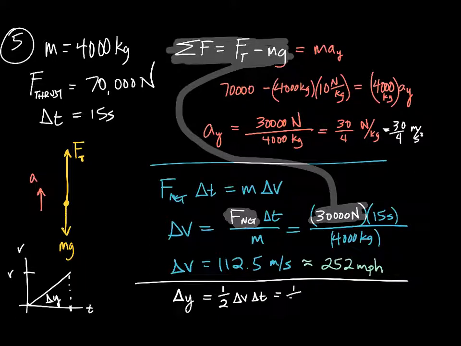Change in speed was 112.5 meters per second for 15 seconds. If you crunch all that out, you get 843.8 meters, roughly. So it's heading towards 9 football fields away. 100 meters is a little longer than a football field. All right. So that's a good distance in a relatively short amount of time for a small rocket under a very large thrust force.